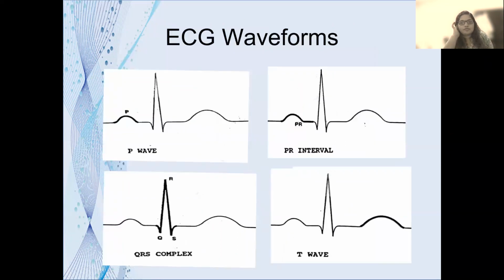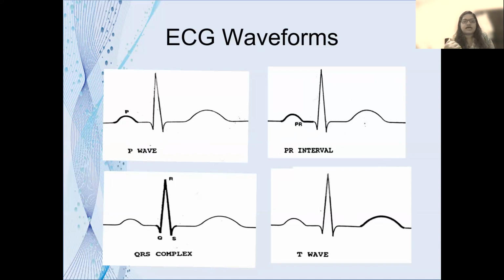So the normal ECG waves are given here. You have the P wave, the PR interval, the QRS complex, and then the T wave. So you have P, Q, R, S, T. These are the waves that denote the electrocardiogram. This morphology, the shape that you see here, is considered normal.